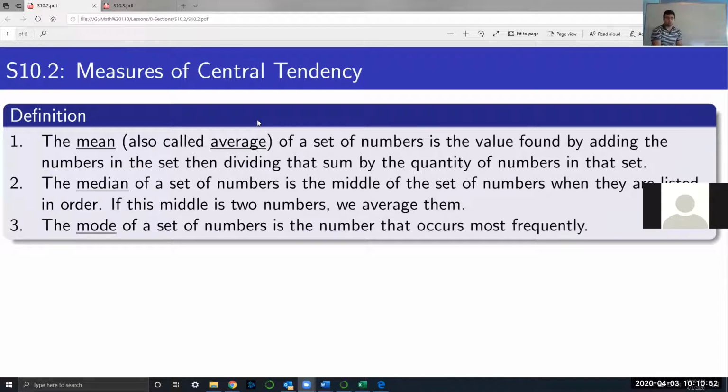The mode of a set of numbers is the number that occurs most frequently. So all three of these things are very helpful. They tell you a lot about that set of numbers. And so we can take a big, sometimes huge data set, and we can tell a lot about it just by looking at these different things.